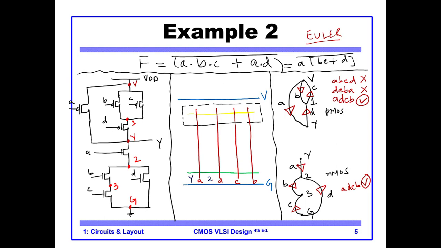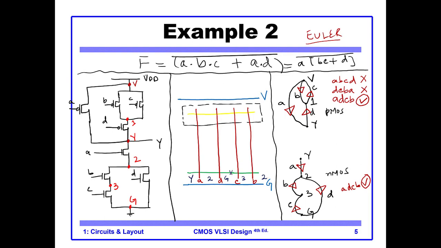because D is also connected to 2, and the other side of D is connected to ground. Similarly for C, one side is connected to ground, the other side is connected to 3. Similarly for B, one side is connected to 3, the other side is connected to 2. Now it's quite straightforward.